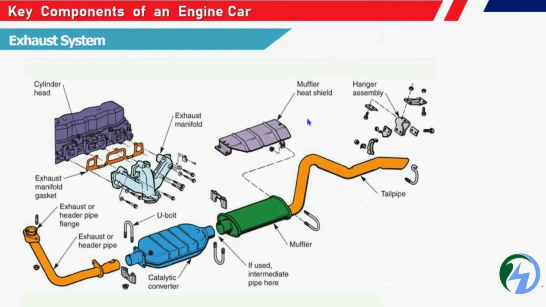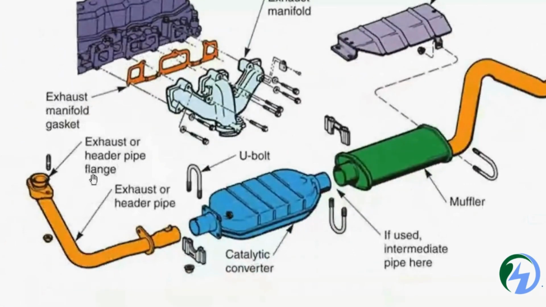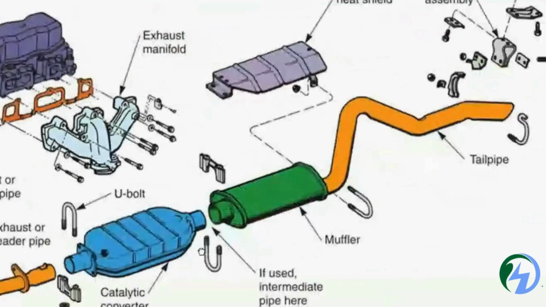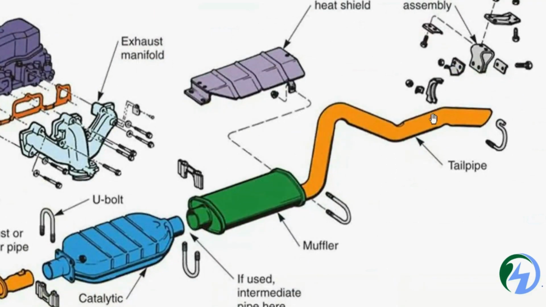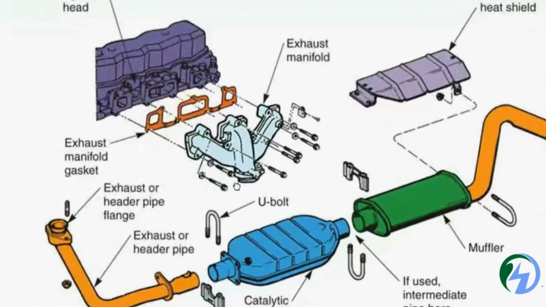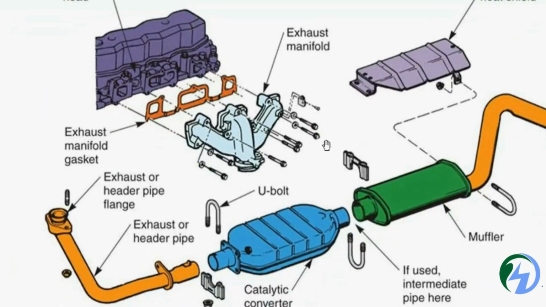To avoid the natural impact, it should be mixed with some catalytics or some components to make the environment less polluted. So here we have the exhaust header, and from that we have a catalytic converter, and we have a muffler. And we have a tailpipe. This will be the end where the complete exhaust will happen. So in between, you have some components to interconnect.